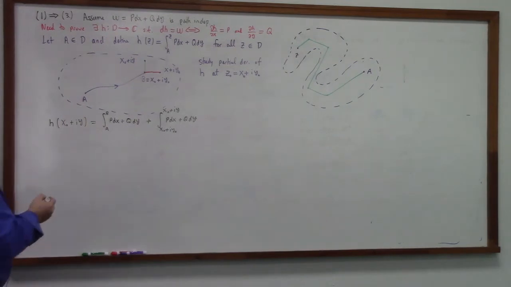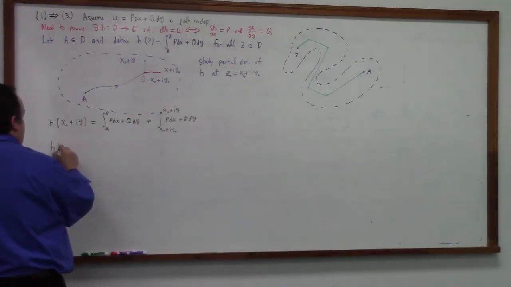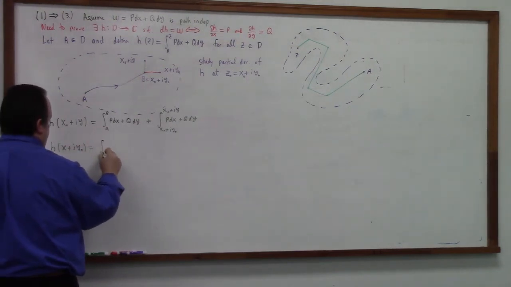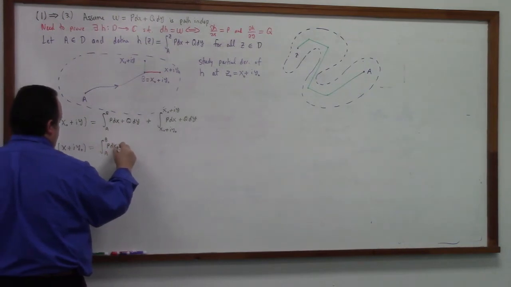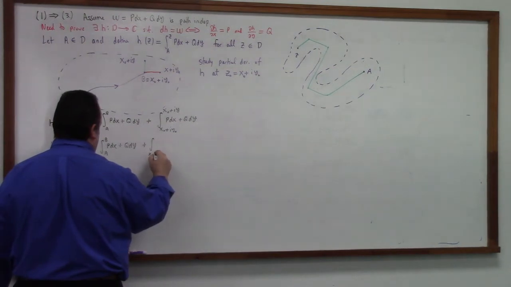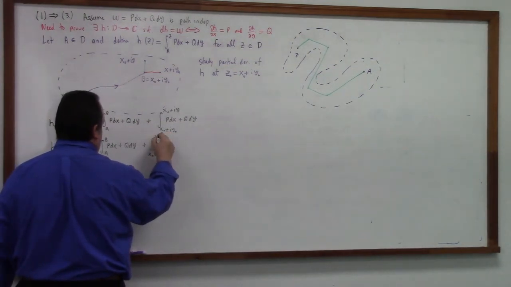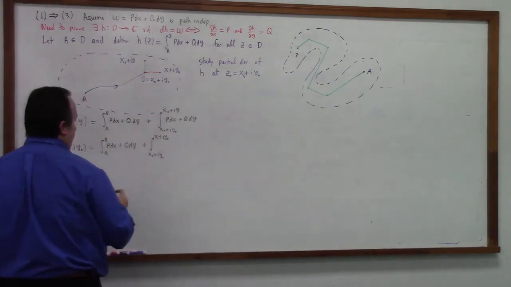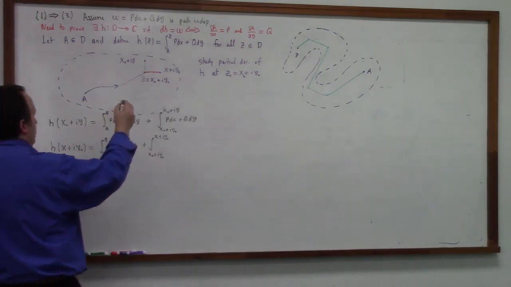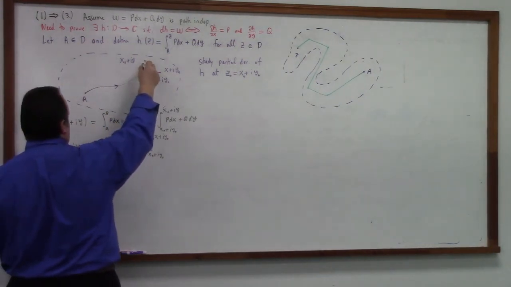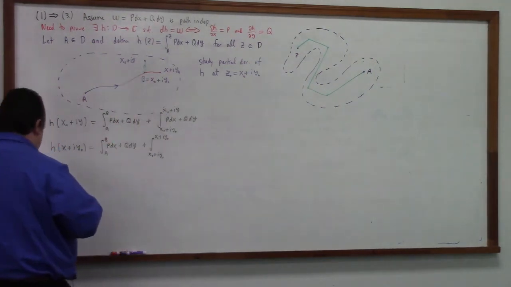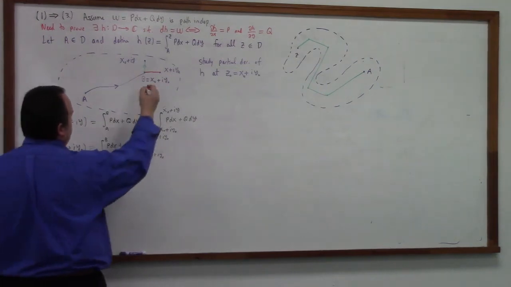And similarly, h of x plus i y naught would be the integral from a to b of p dx plus q dy plus the integral from x naught plus i y naught to x plus i y naught. So all I'm doing is saying, do the integral along the purple curve and then the green curve, or do the integral along the purple curve and then the red curve, right?